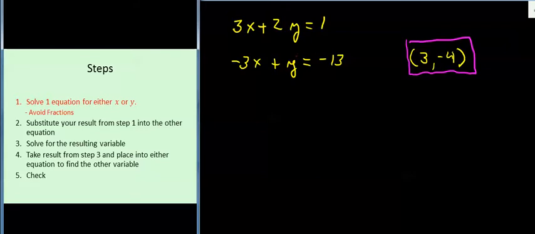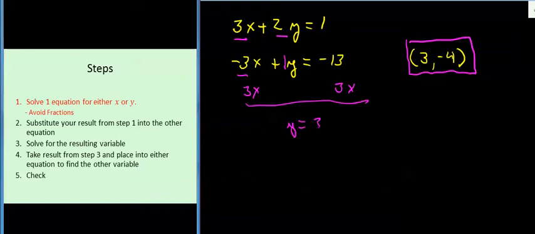All right, step 1, we solve one equation for x or y. We look for a coefficient of 1. No, no, no, yes. Solve this equation for y. Sometimes it'll be x. Don't be fooled because we used y for both of these problems. So I add 3x to both sides, and I end up with y equals 3x minus 13.